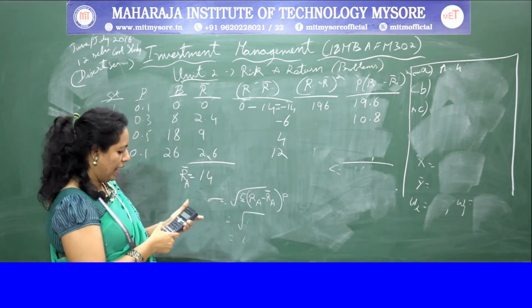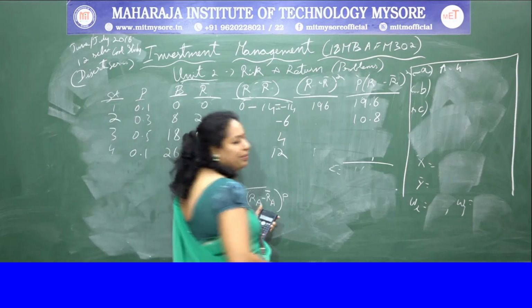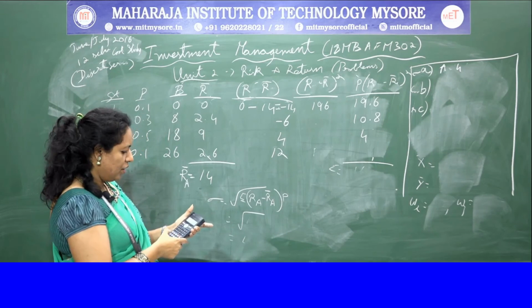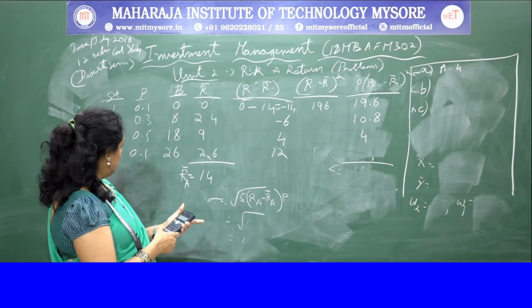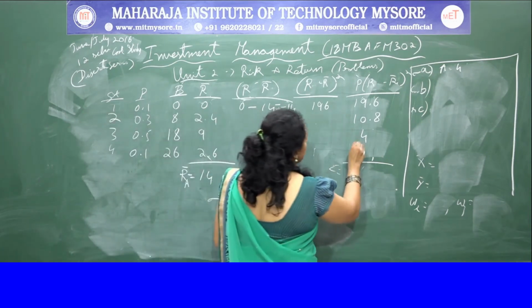Then you have 4 into 4, 8, 8 half, it is 4. Then 12 into 12 is 144 into 0.1, it is 14.4.